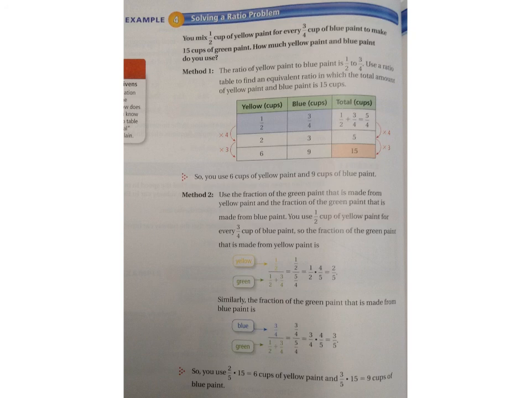The ratio of yellow paint to blue paint is 1/2 to 3/4. So that's what we put in our table here, 1/2 and 3/4. And when we add 1/2 and 3/4, we get 5/4, which does not equal 15. So we need to figure out how to get that 5/4 up to 15.